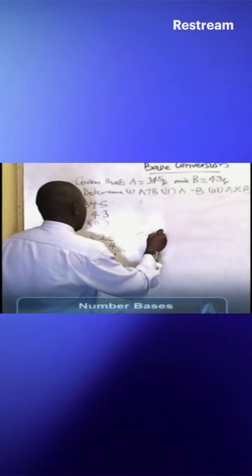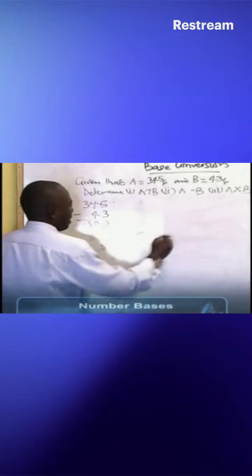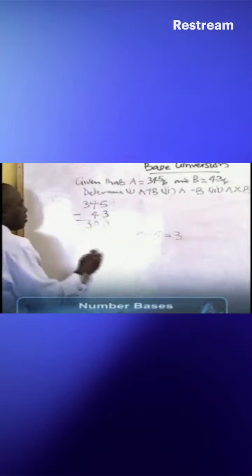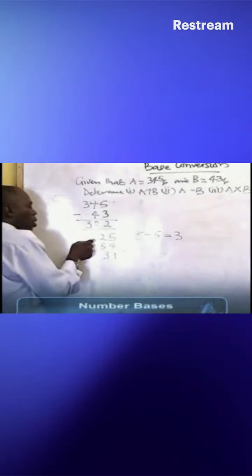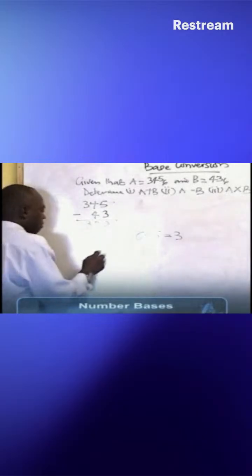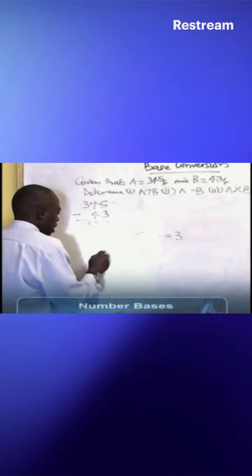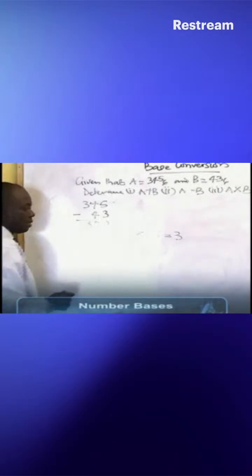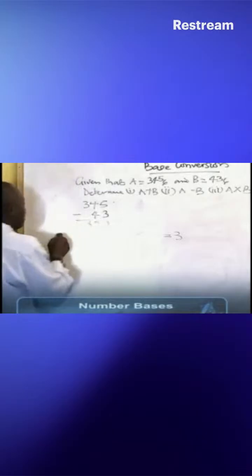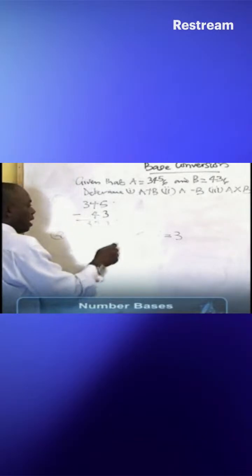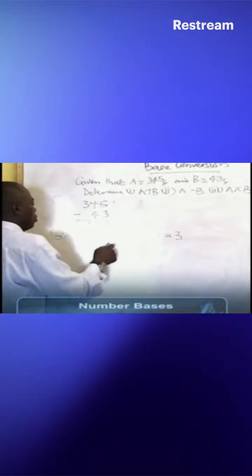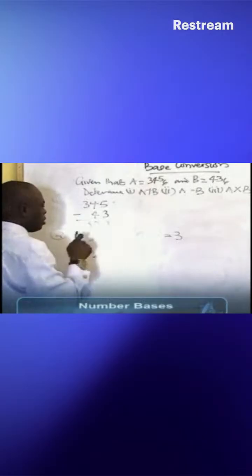Let me quickly repeat that. If this is the second question you were given, 3, 2, 5 minus 5, 4: take 4 away from 5, you will get 1. If you want to take 5 away from 2, it's impossible. You will borrow 1 from 3 and add it to 2.